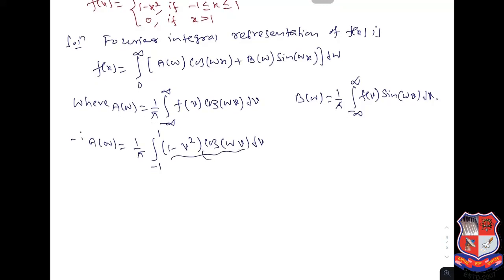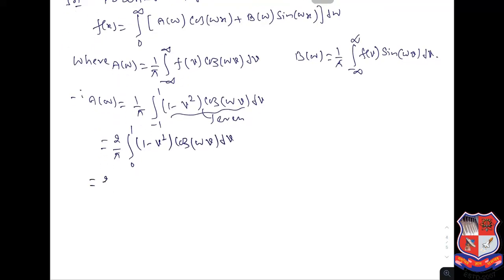Now this is even function. So we write this as 2 over pi integration 0 to 1, 1 minus v square cosine omega v dv. This is 2 over pi.